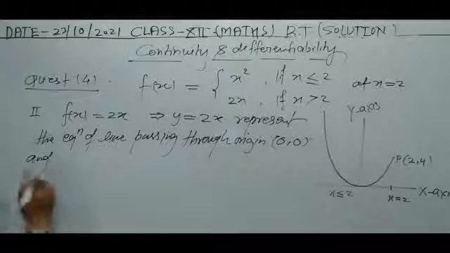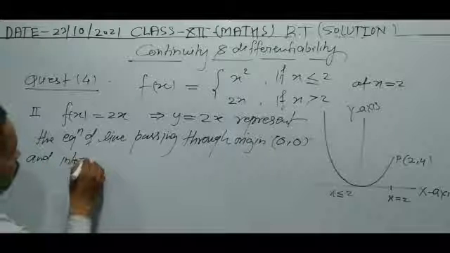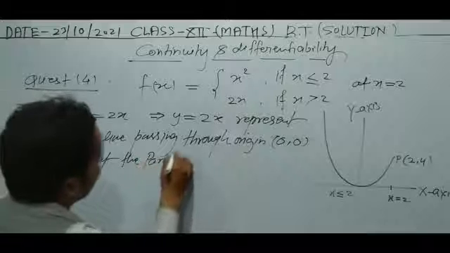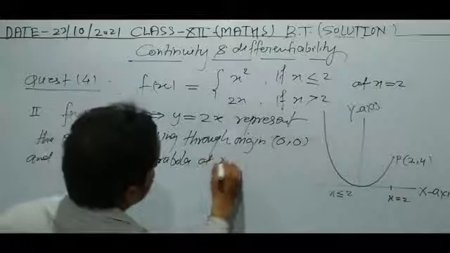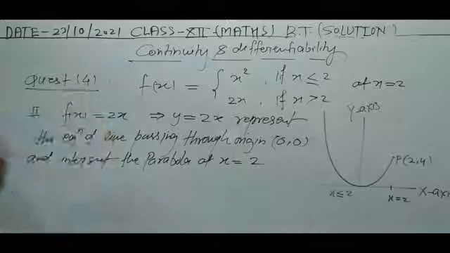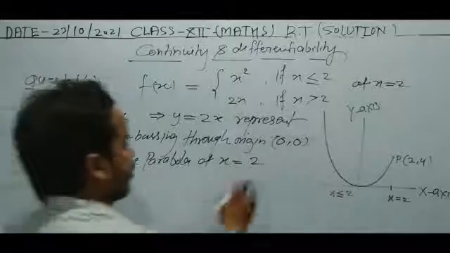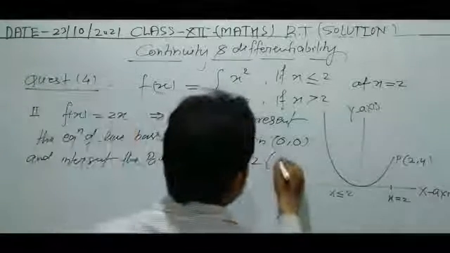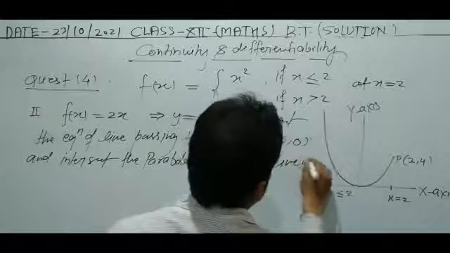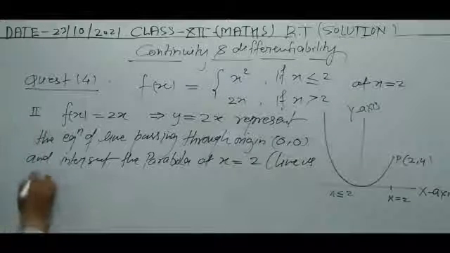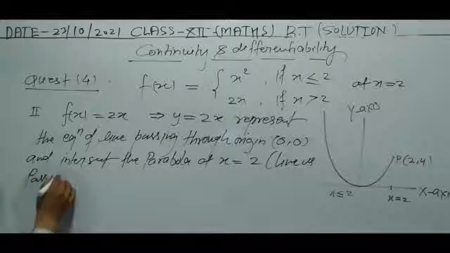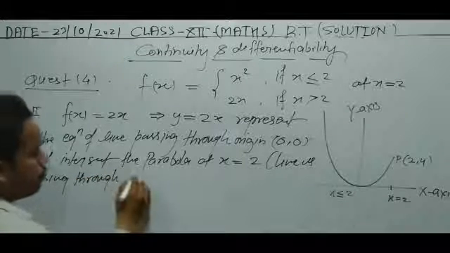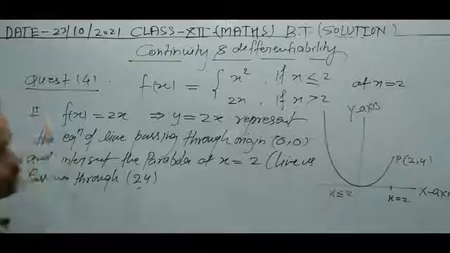and it intersects the parabola at x equal to 2. Means we can say the line is passing through (2, 4).